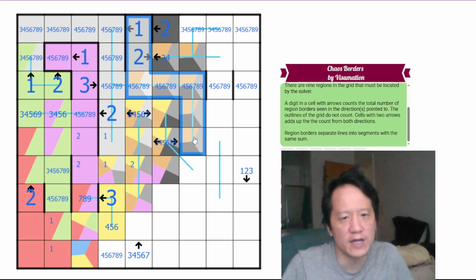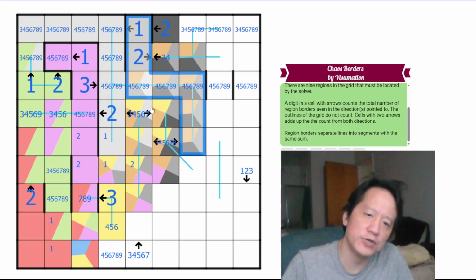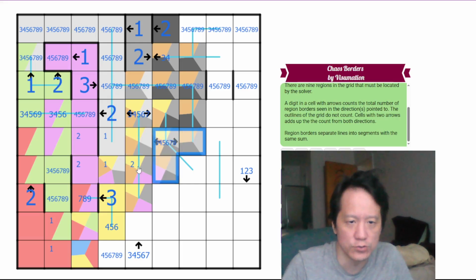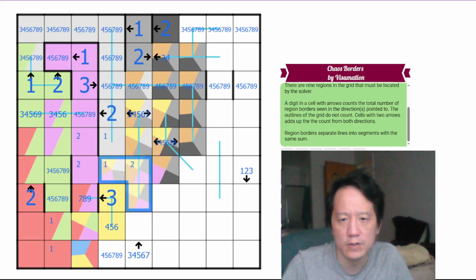So that's 7 at least. So you can have at most 2 other grays. So it could be 1, 2, it could be 1, 2, 1, 2, 1, 2, but these cannot be gray.